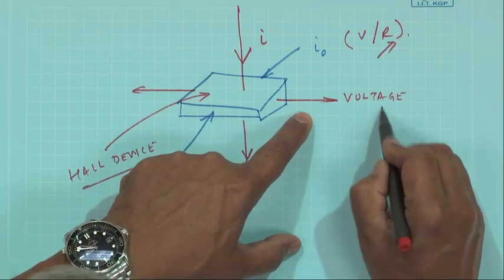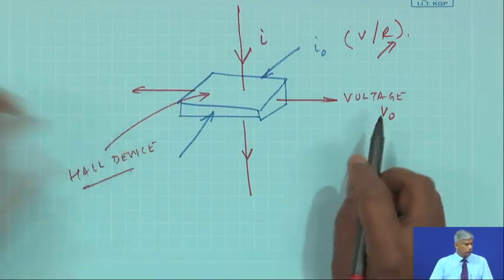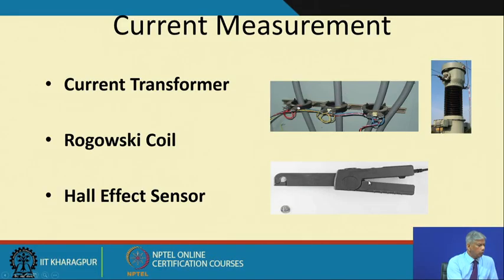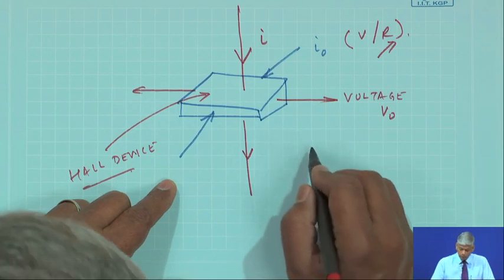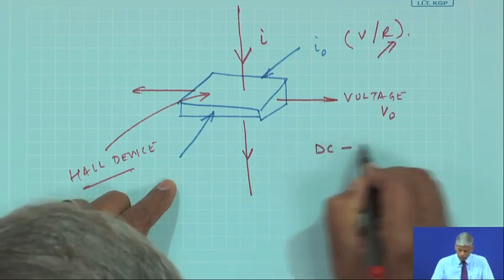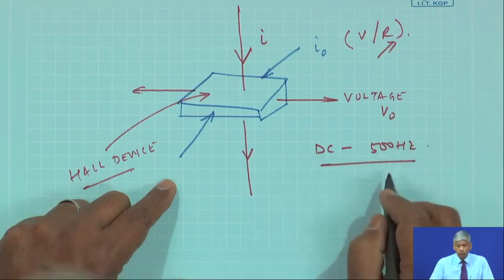This output voltage should be 0 when there is no current. So, this arrangement can be done, and there is a knob here which can help you to calibrate the Hall effect sensor. But the essential advantage of using a Hall effect sensor is that I can measure all the way from DC to about 500 hertz, and that is the current frequency.